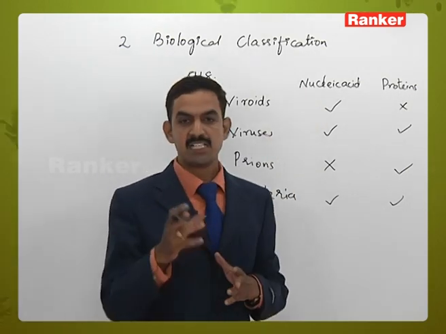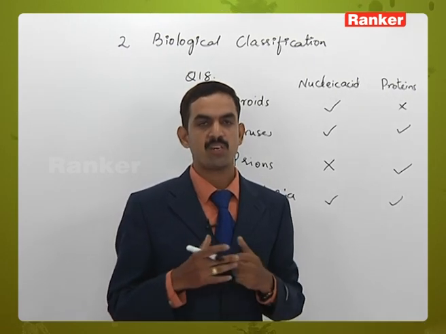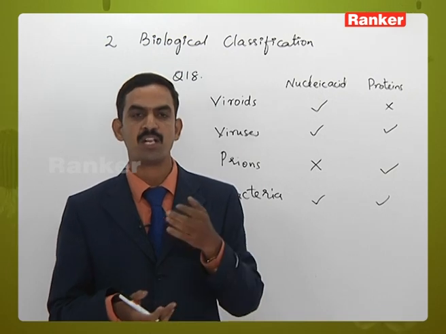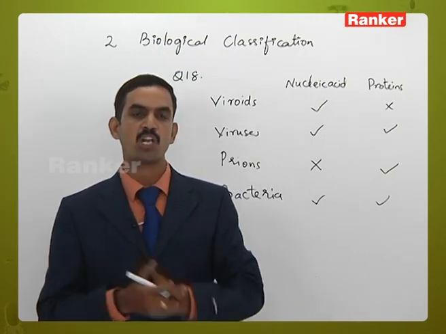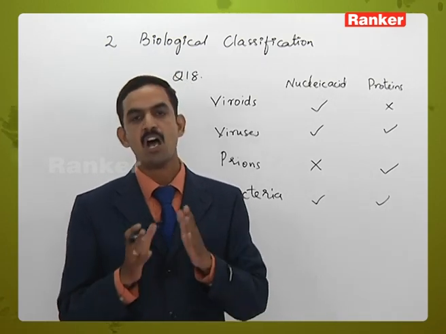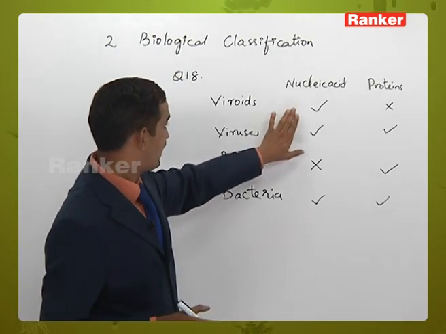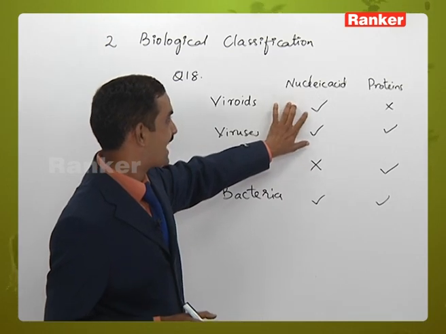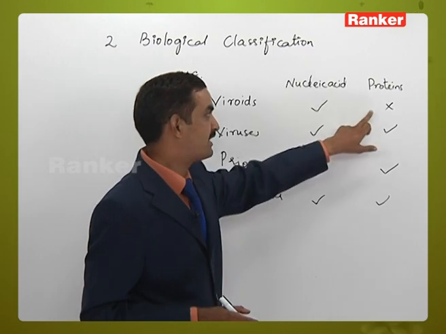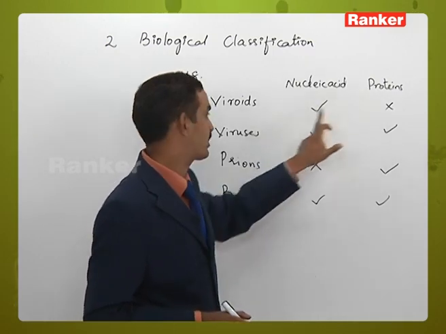Second one, phosphodiester bonds. Phosphodiester bonds are the strongest bonds which are present between the pentose sugar and phosphate molecule in a nucleic acid, that is either in the DNA or in the RNA. So, here viroids have nucleic acid but no proteins, means they contain phosphodiester bonds but there are no peptide bonds.